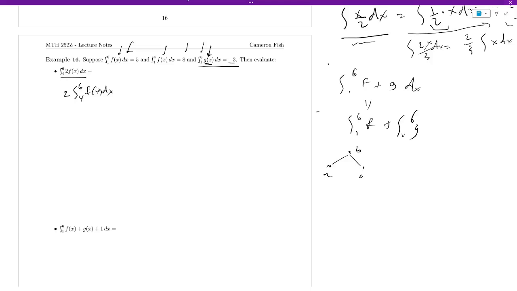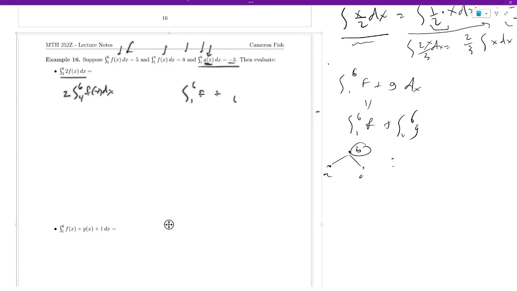Like, if I go from 1 to 6 with f, and then go from, well, what can I do? We said that if I put a 6 here to match the rule that we had before, what's this b got to be? Our third number, which is attached to both of them, has to be this 1, this extra 1. So that's not the idea we want.